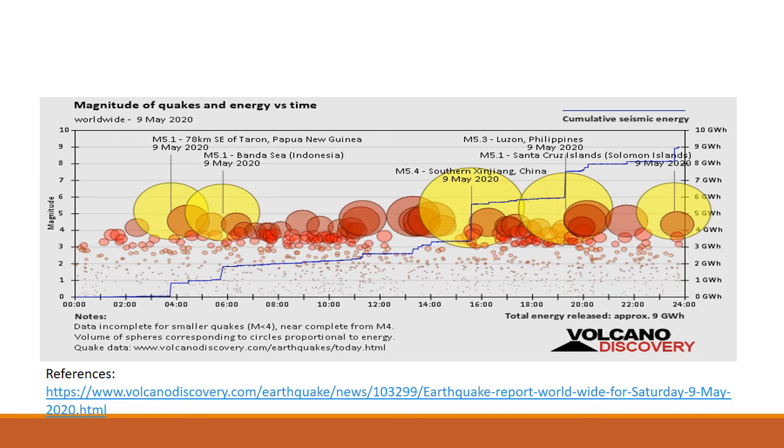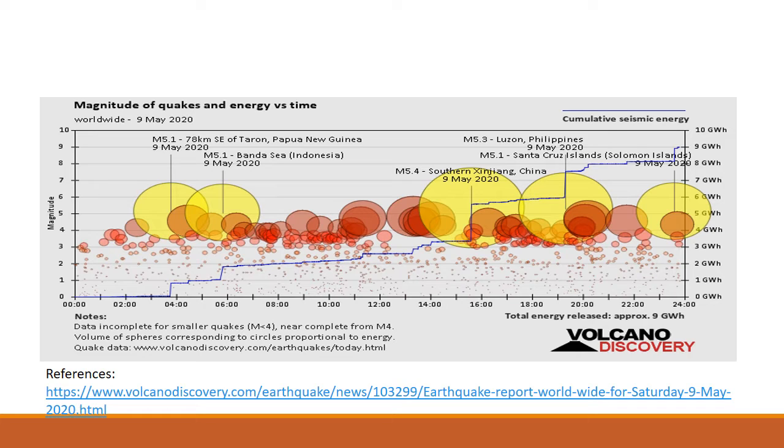So this is another picture showing what? Yes, it is from Volcano Discovery. It shows the magnitude of quakes in several countries worldwide last May 9, 2020. So dito naman, same pa rin ang data natin, pero ipinapakita dito ang alin?